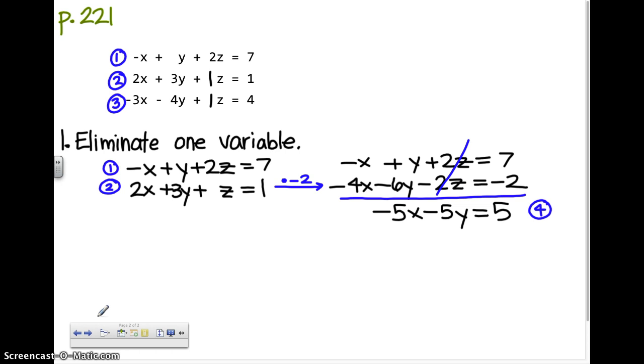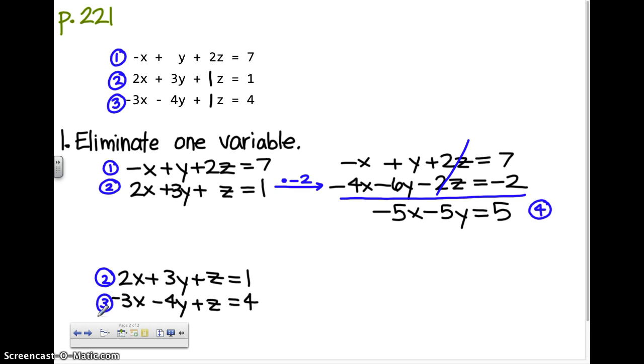2 variables, 2 equations. Okay, so now I'm going to look at 2 and 3. Okay, why 2 and 3? Those are the ones I picked. Those ones felt like they would be easy to cancel. What I liked about these 2 is that I had plus z in both. To me, that made it easier because then all I had to do was multiply the bottom one by negative 1.